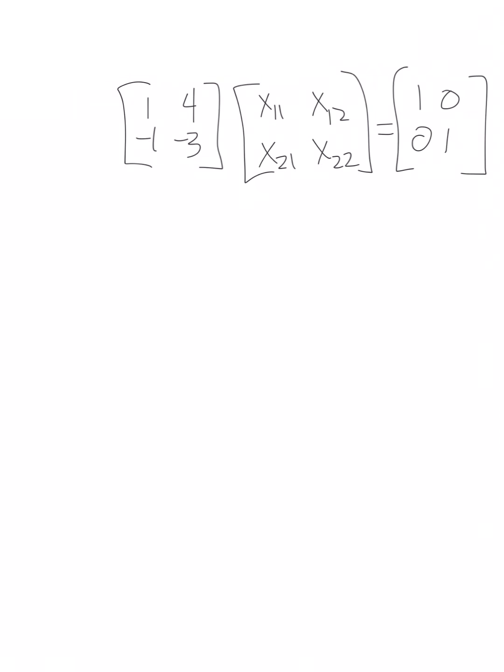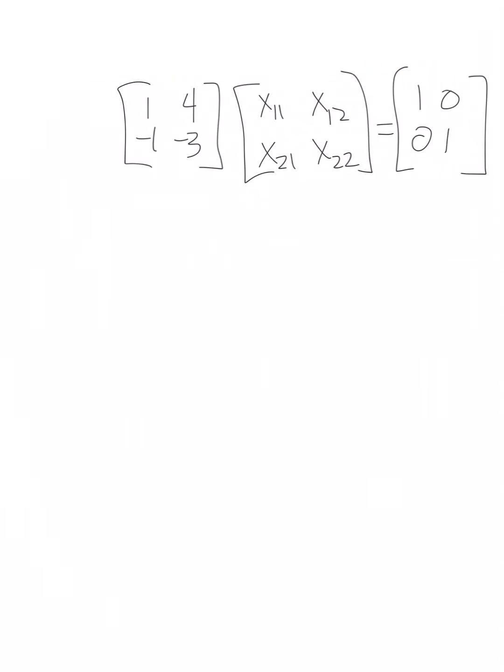Okay, so this part is not in our notes, but this setup that we're about to work out is going to move us into what we see in our notes. So let's say I have a matrix here, 1, 4, negative 1, negative 3, and I know there may be some matrix right here which is the inverse, such that this matrix times that matrix gives us 1, 0, 0, 1.